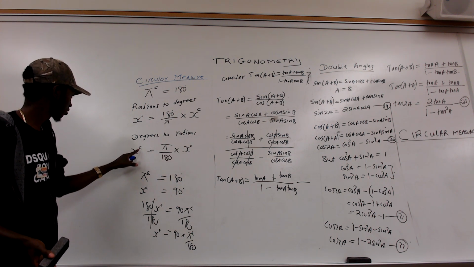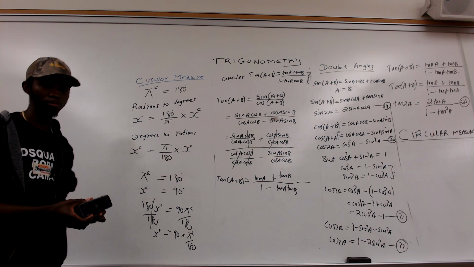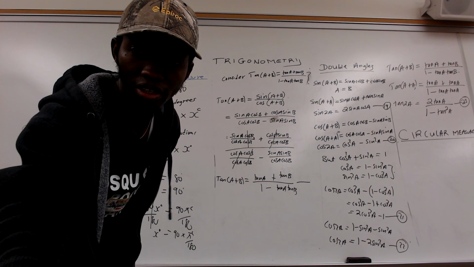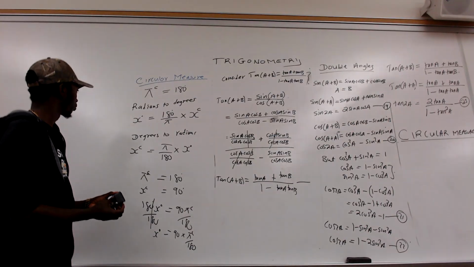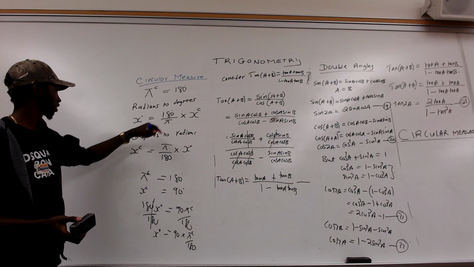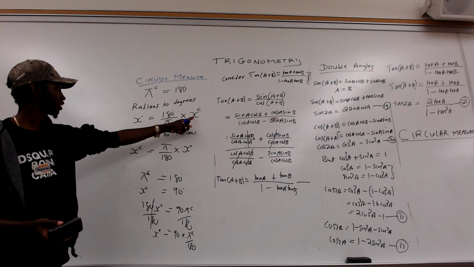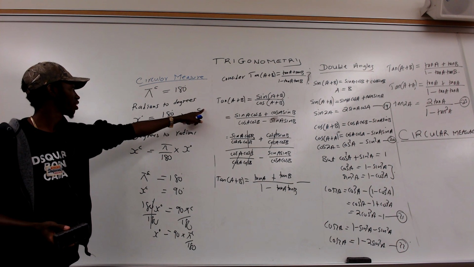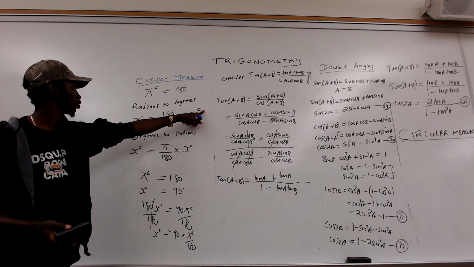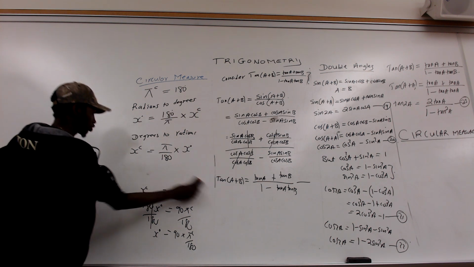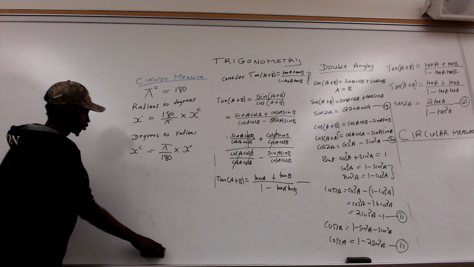If we convert from radians to degrees, it is 180 degrees divided by pi times the radian given, for example 3 pi all over 2. These are some of the points you need to consider.